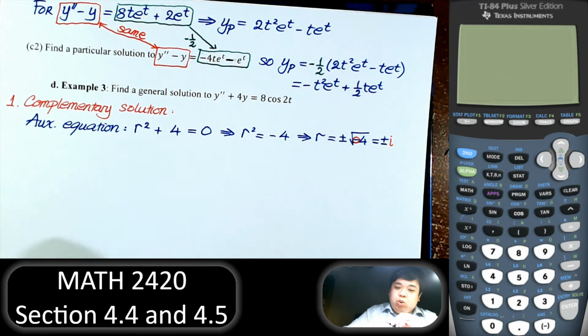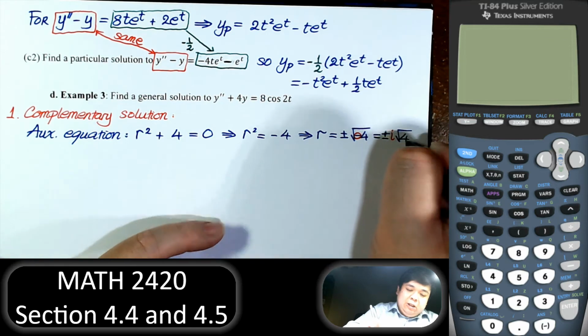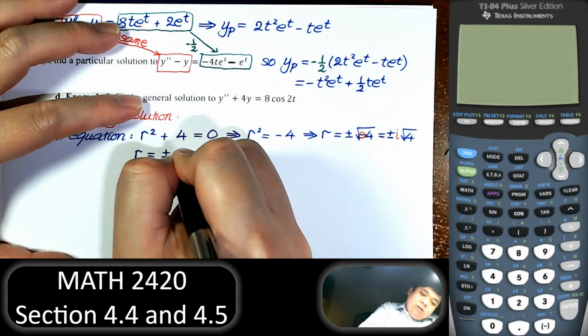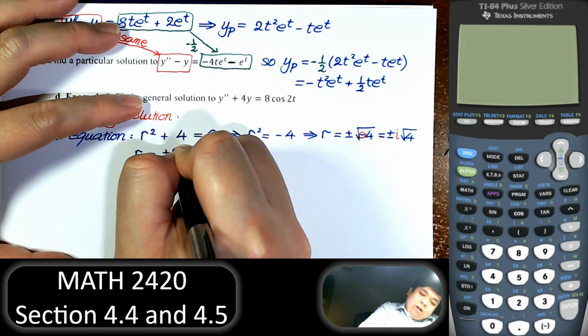Times 2, square root of 4 is 2. So r equal to plus or minus 2i.